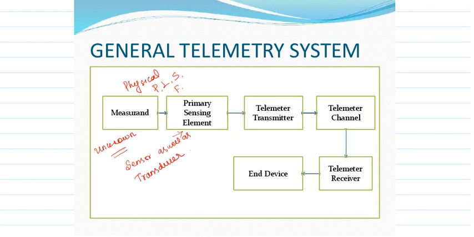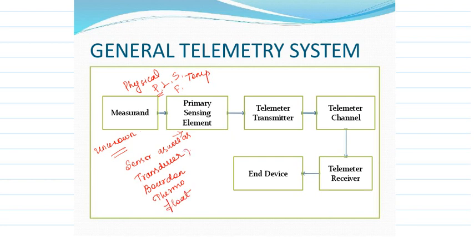What are the different sensors and transducers? Suppose my input is pressure, then I have to use a Bourdon tube. If my input is temperature, then I have to use a thermocouple. If I am measuring flow, then I have to use a float.